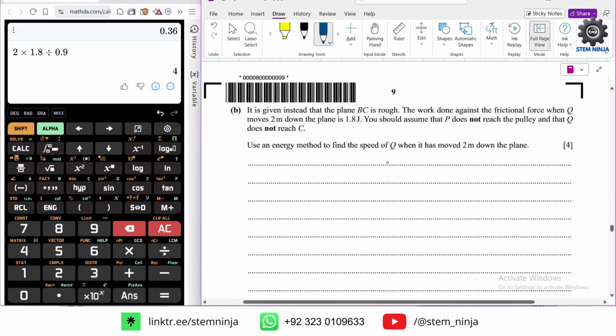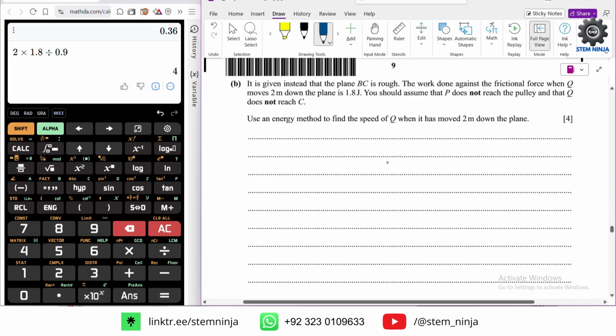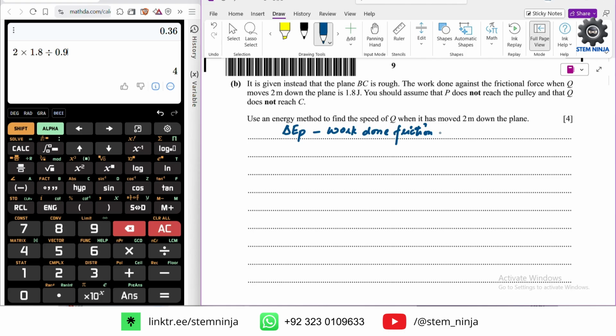Okay, so to understand this, we have to remember that there is a net change in potential energy, there is work done against friction, and then there is a net change in kinetic energy. That's what we need. Net change in potential energy will come from the height changes.